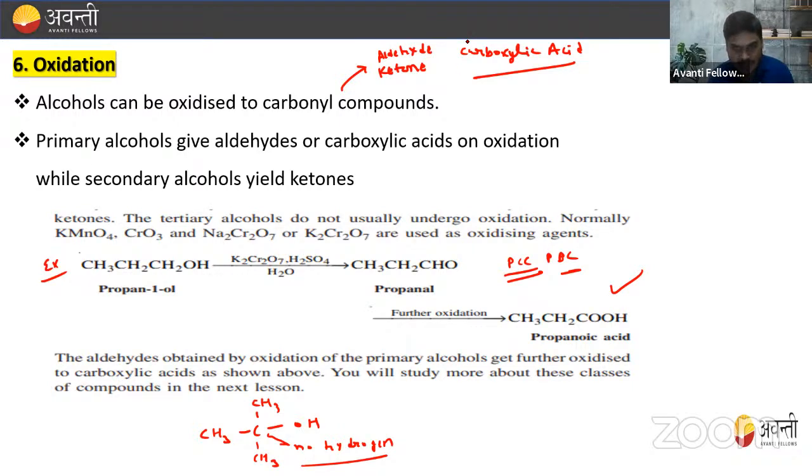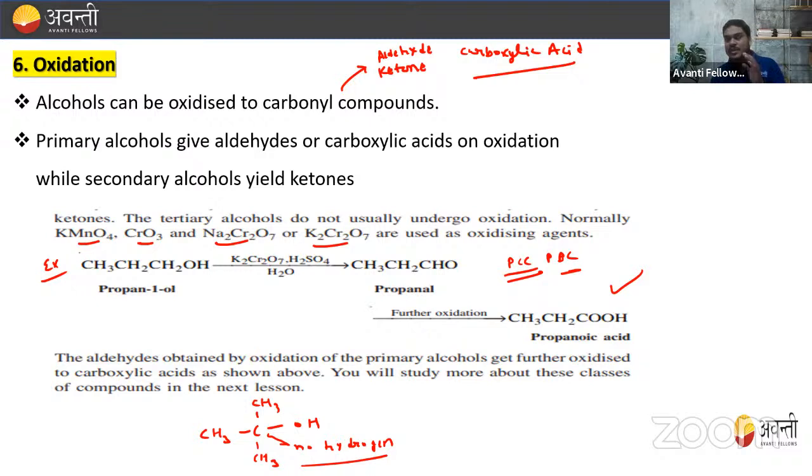I am saying that whenever you oxidize alcohol with an oxidizing agent like K2Cr2O7 or KMnO4 or CrO3, right? All these three convert alcohol into carboxylic acid.